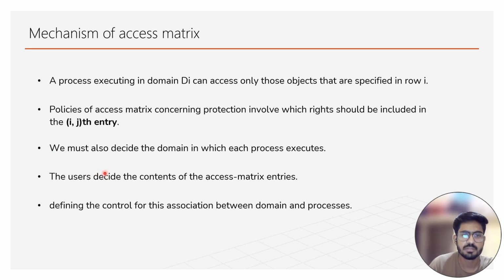We must also decide the domain in which each process executes. The user decides the content of the access matrix entry. The user gives the write and read rights, and defines the control for the association between domain and processes.